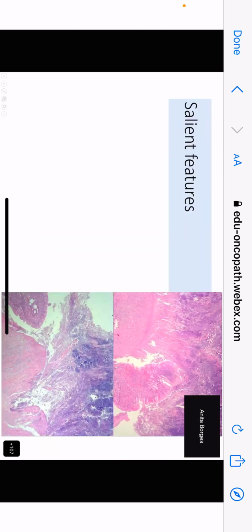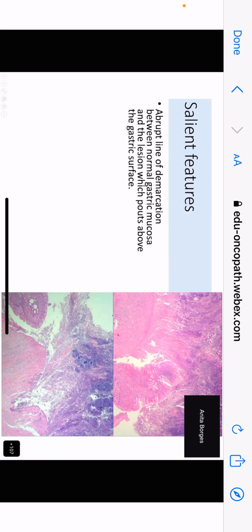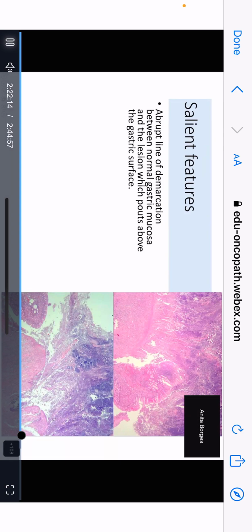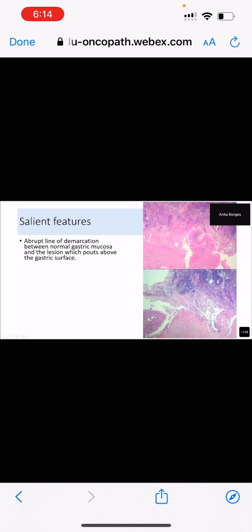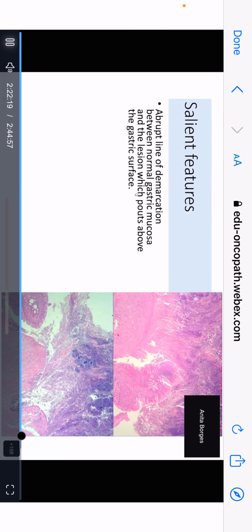So now come on, tell me, what's the diagnosis? See how beautifully you can see this eruptive sort of devitalized tissue. Now, if we had to describe it, what would we say? There is an abrupt line of demarcation, right? When we say what is the relationship of the normal to the abnormal, it's an abrupt line of demarcation between normal gastric mucosa and the lesion which pouts above the gastric surface.